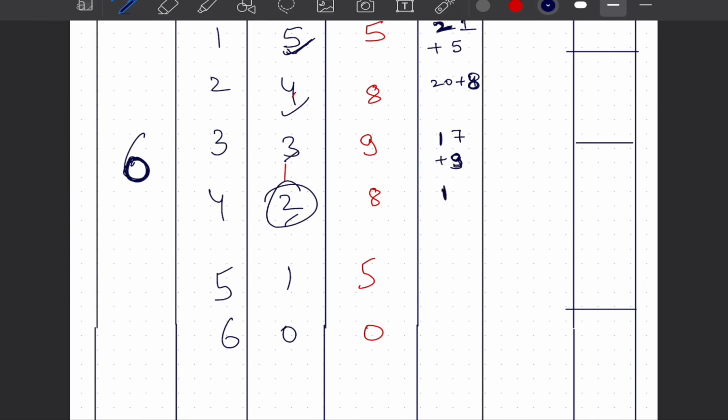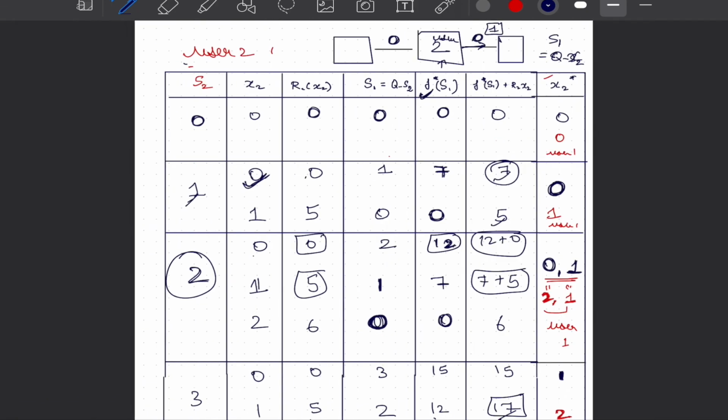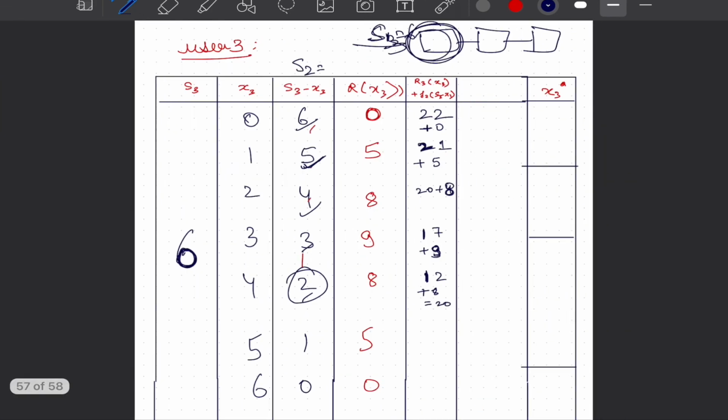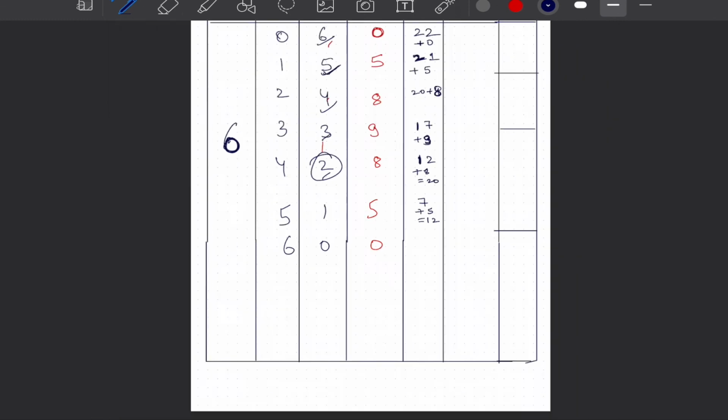We are looking at the returns here, when we are allocating 2 units. Here if we could go to 2, our maximum return is going to be 12. So we should allocate 12 plus 8, which is 20.